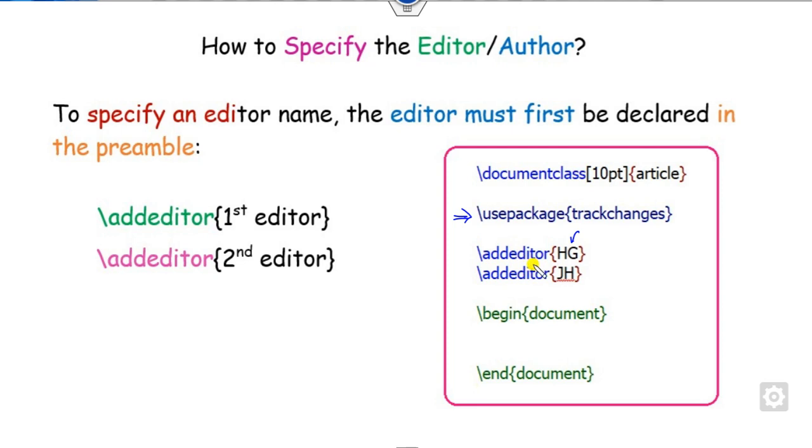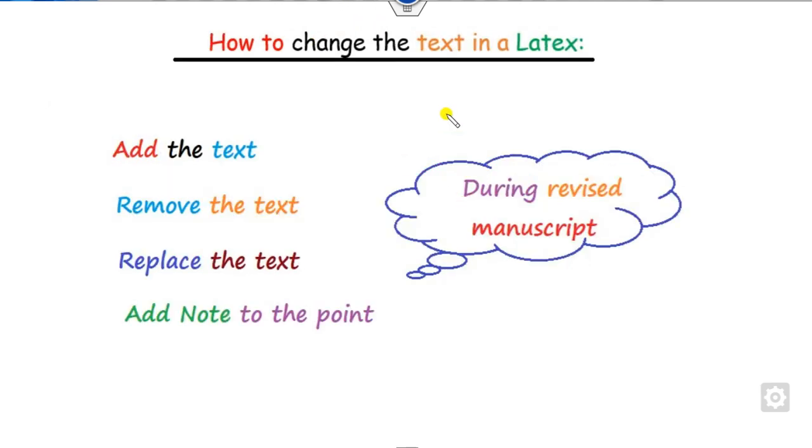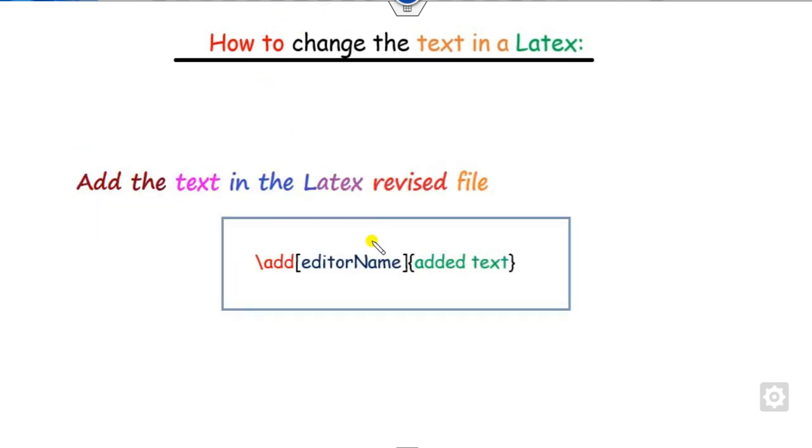Once you have defined the editors' names, we will try to add text. We can remove text, we can replace text, and we can also add a note during the revised manuscript. Let's discuss one by one. Firstly, how you can add text.